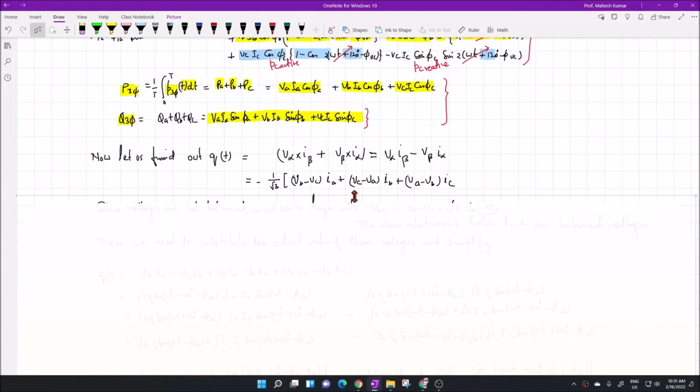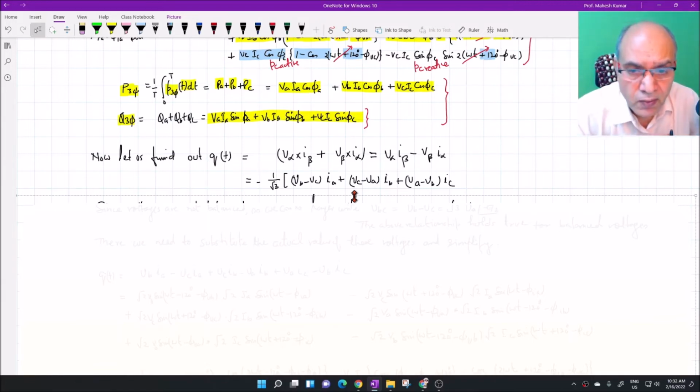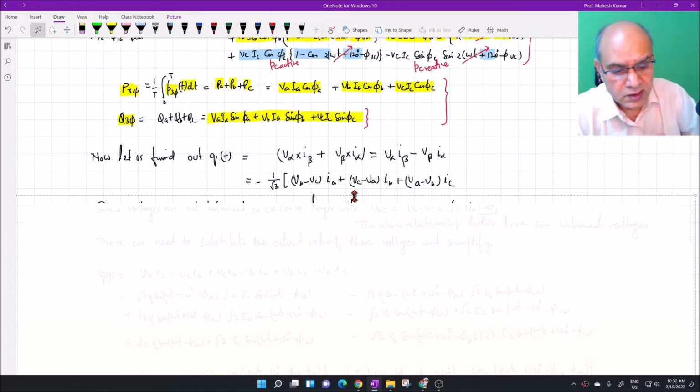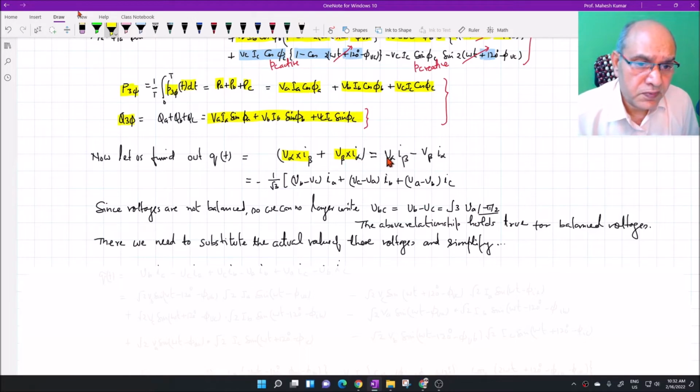As we know, the instantaneous reactive power is defined as the cross product of the alpha and beta components. Earlier we defined this term: v_alpha cross i_beta plus v_beta cross i_alpha, which becomes v_alpha i_beta minus v_beta i_alpha.